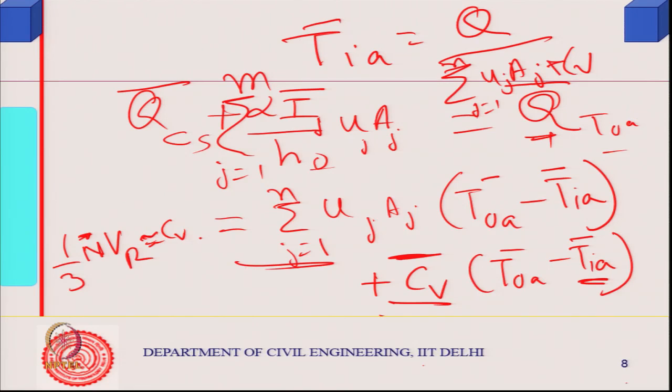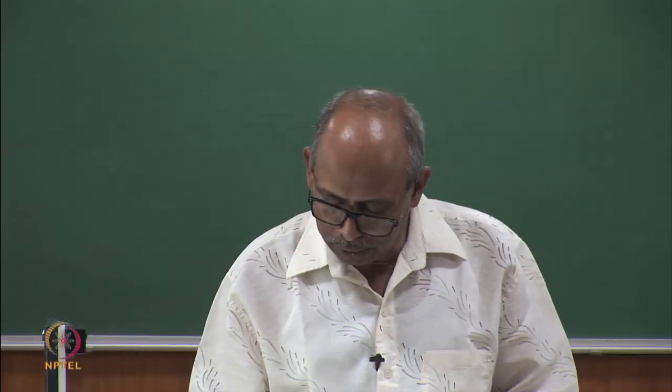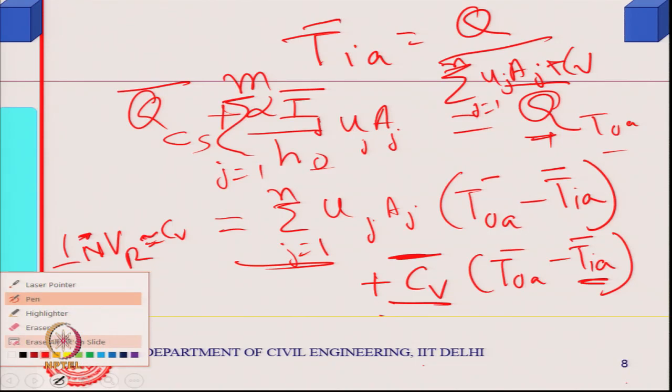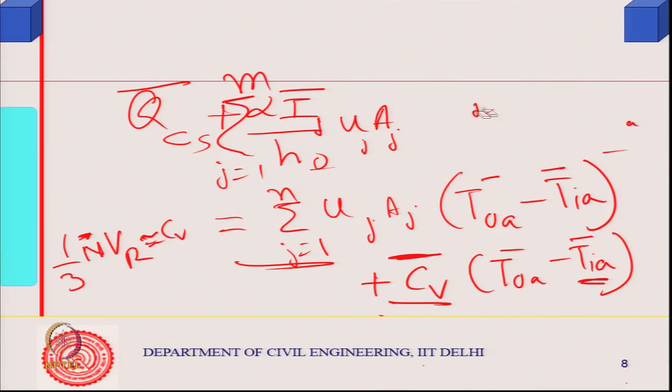Now, let us solve an example problem that will make things clear. I just repeated the previous equation. Q bar was this plus the casual heat gain that I call Q bar. Let me remove this portion before we solve.